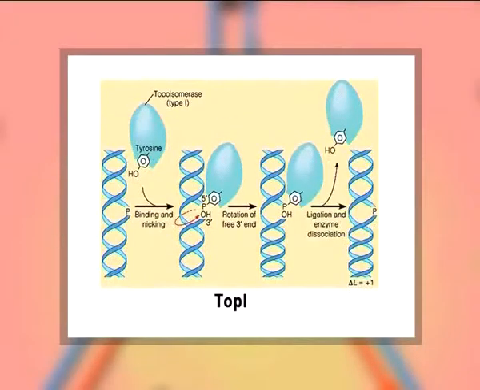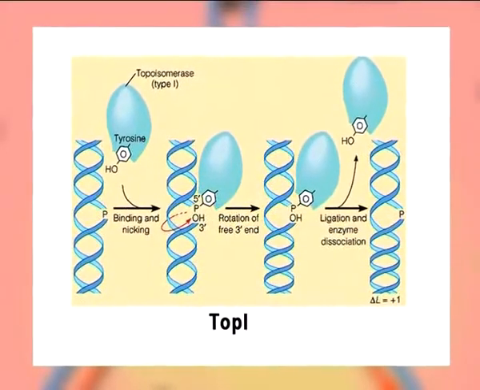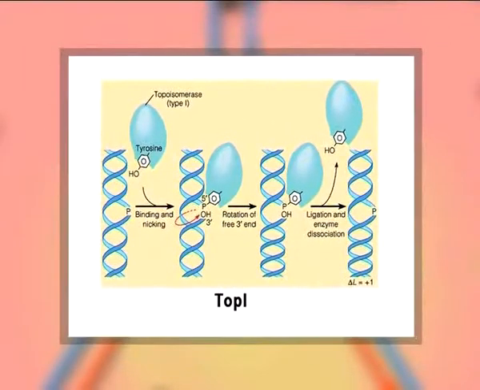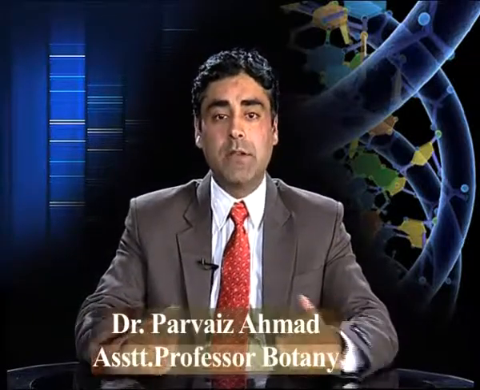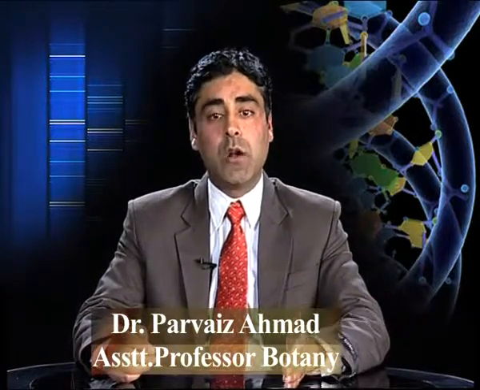Type 1 topoisomerases are remarkable in that they don't require ATP to work. They bind covalently to the cut DNA strand, storing the chemical energy of the phosphodiester bridge, which they then use to reseal the strand after the tension has been removed from the DNA. An important result of this difference is that topoisomerase 1 activities remove supercoils from DNA one at a time, whereas topoisomerase 2 enzymes remove and introduce supercoils 2 at a time.